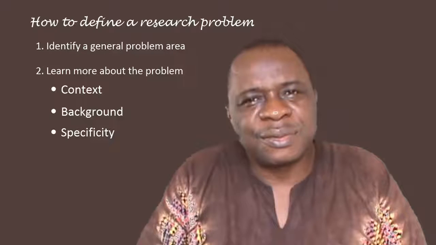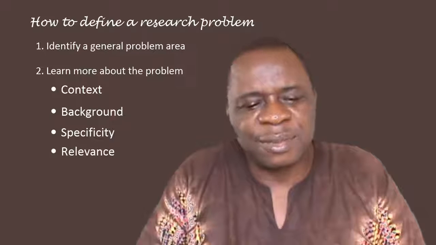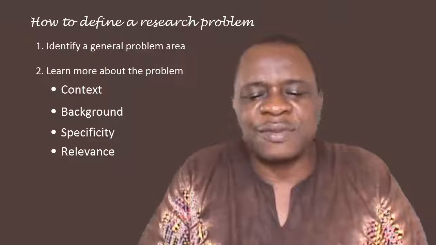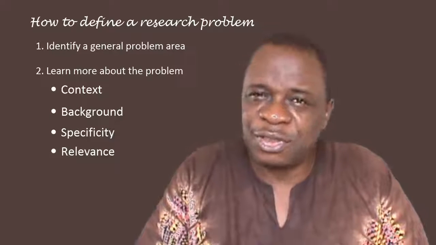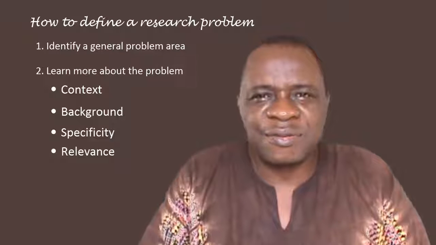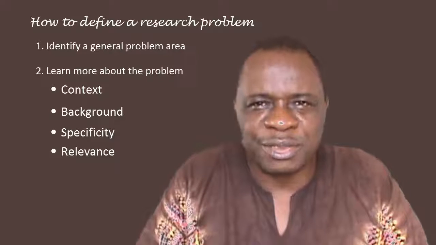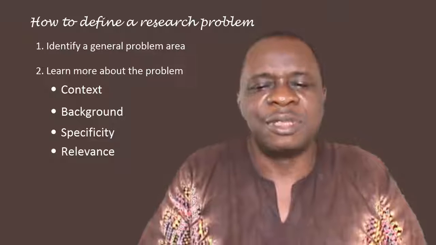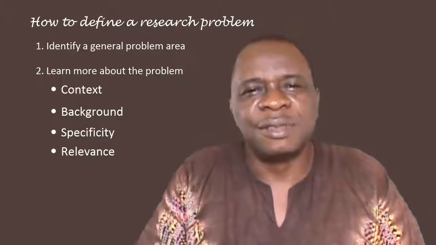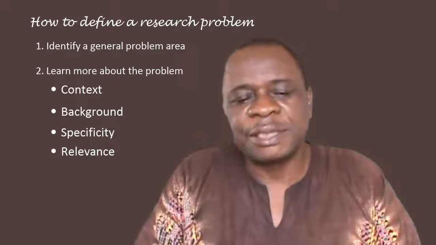You also need to consider the relevance of the problem. Why is this problem important for society or the profession? Why does society need to solve the problem? Or what does your profession need to solve the problem? What will happen if this problem is not solved? And who will feel the consequences?